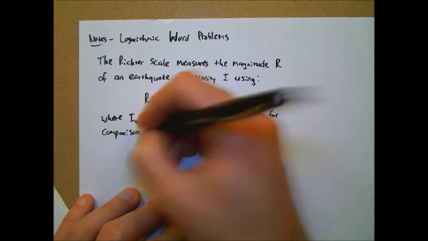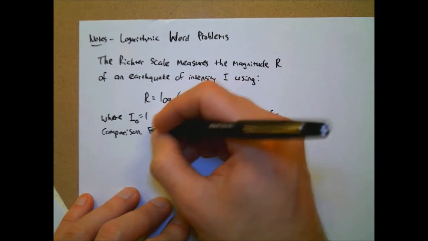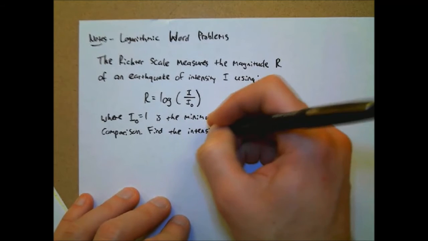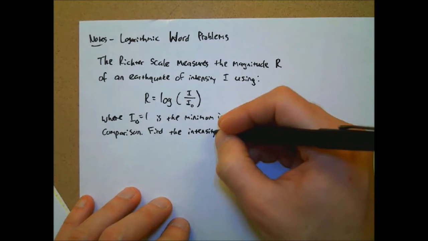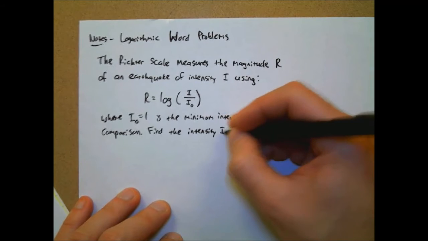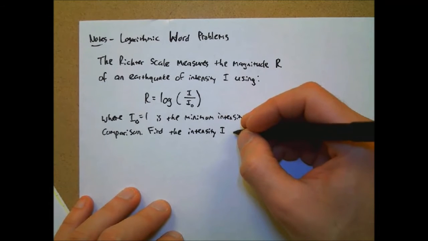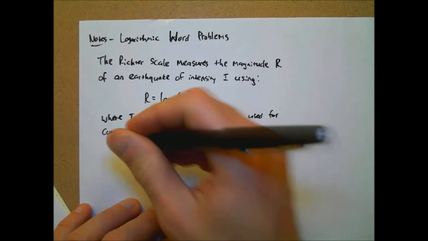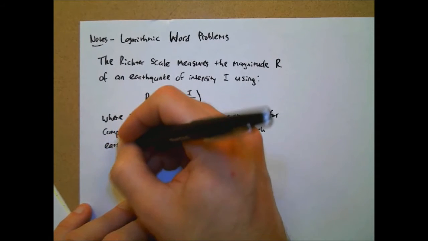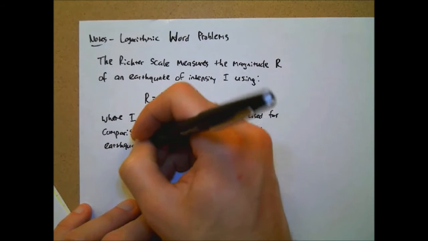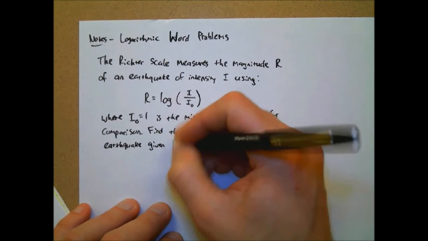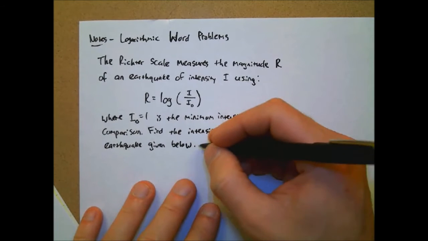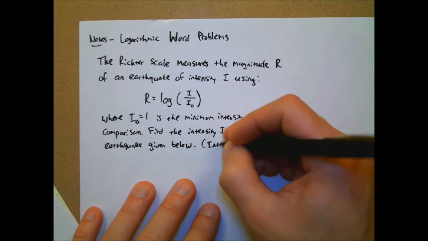We're going to find the intensity, and you will not need to have this formula memorized for the test. You'll be given whatever formula you need. Again, you just need to know how to use it. Find the intensity I for each earthquake given below. By the way, just as a heads up, how do you measure intensity?